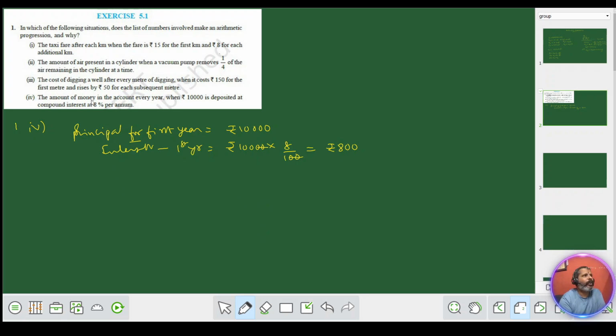They have asked the amount of money in the account every year, which means your amount for the second year will become the first year amount plus the first year interest. Remember that. That's the concept of compound interest. So here, P for principal. P for the second year, how much? 10,000 plus 800 becomes rupees 10,800.